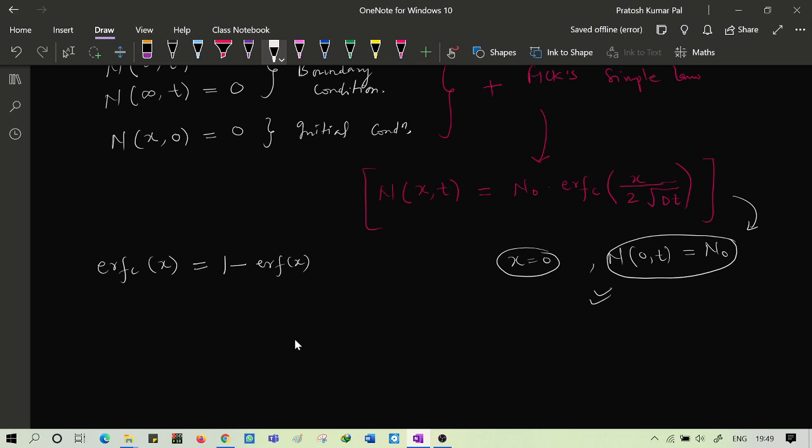Now we will find the relation. To find it, we need the error function equation, so we will see how the error function is defined.